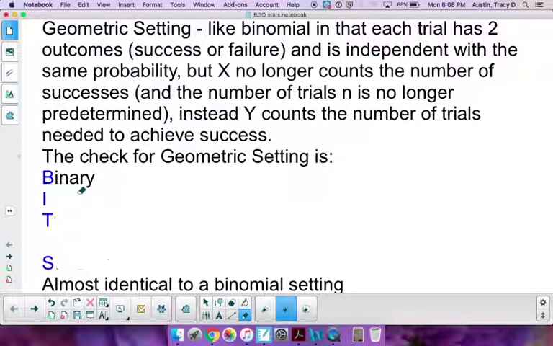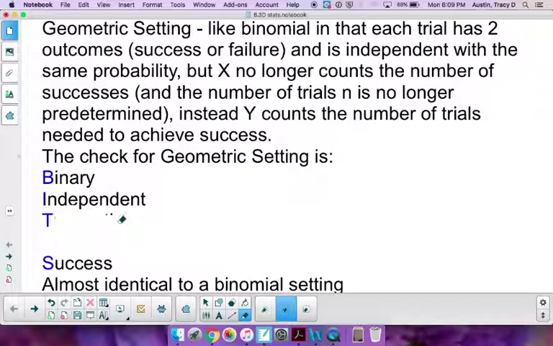I is still independent, which means that each trial does not affect the next one. And that goes in with the probability of success not changing, right? If something is independent and has no effect on the next trial, then that's because the probability of success doesn't change. And just to make sure we remember that, I'm going to type that in so you can get it in your notes, that the success probability stays the same.